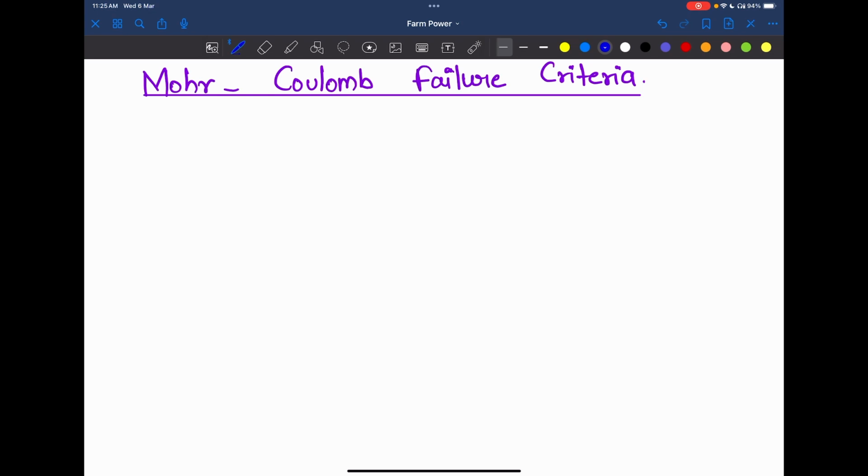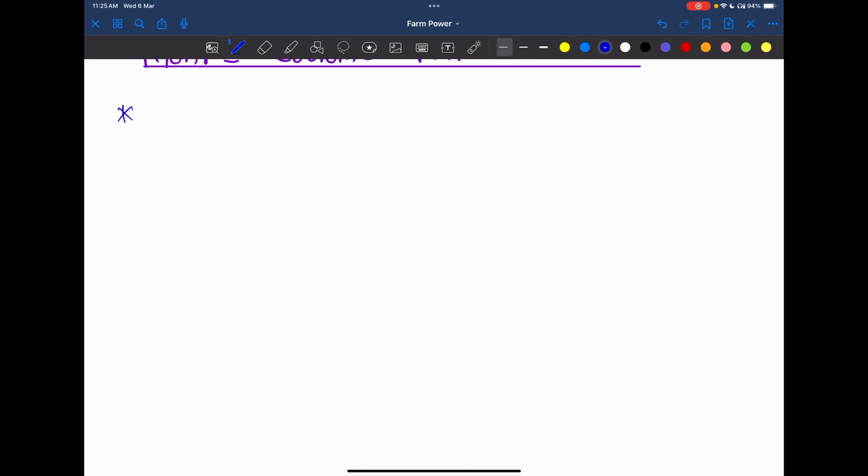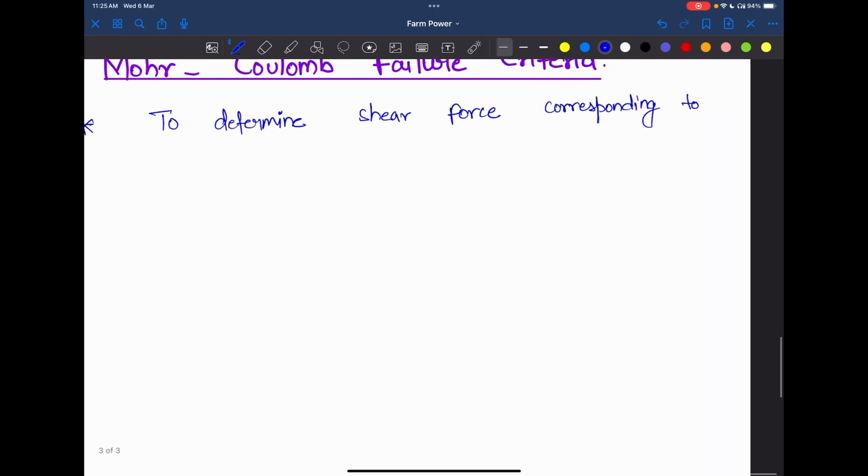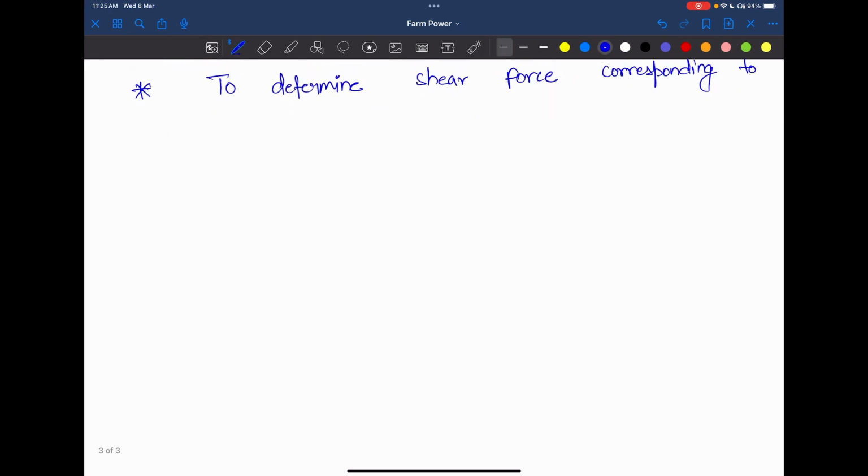So this criteria is generally used, let me write in one sentence such that it is clear, but I will elaborate as well, to determine shear force corresponding to various vertical loading.